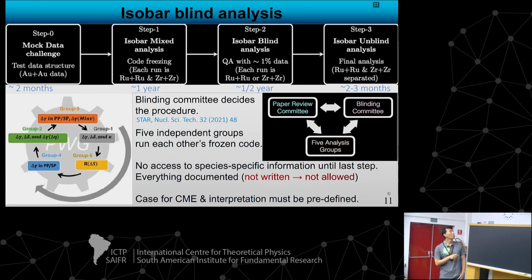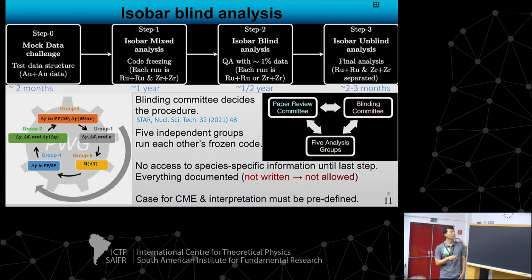Then we use the isobar mixed data, a mixture of the two isobars where no one knows which is which, and we further test the code. Then the code is frozen, so no one should be able to change it anymore, and everyone will be able to run it. It took more than a year to do all this.